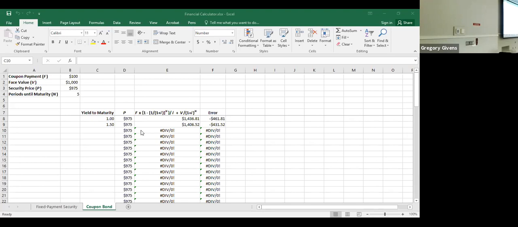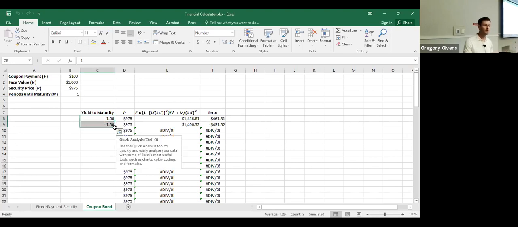Over here in columns C through F, we're going to have different information on the price of the bond, as well as the present value of all of its future payments, depending on different candidate levels for the interest rate or the yield to maturity. So for example, let's suppose I consider interest rates between 1% and something higher in increments of, let's say, 50 basis points.